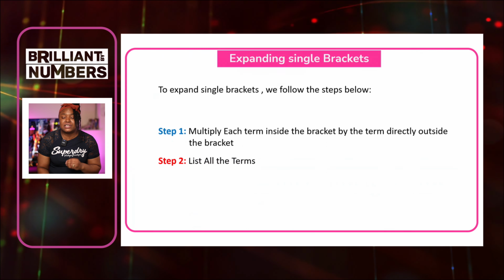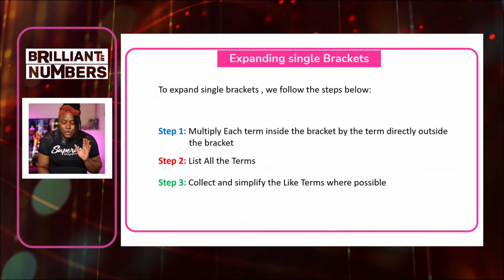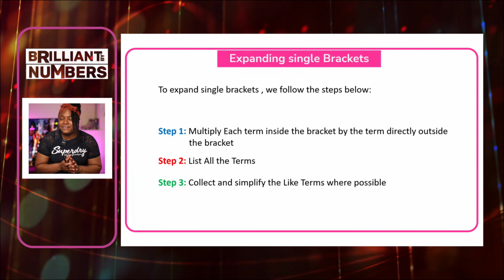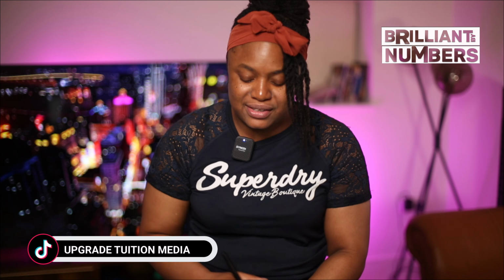Step 2, we need to list all the terms. And after we've done that, we will collect and simplify the like terms where possible. So it's not always possible to simplify because we do not always have like terms after we have expanded the bracket. Beautiful. So we go straight into some examples.